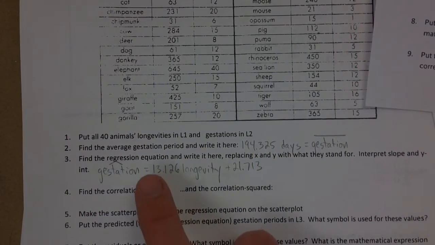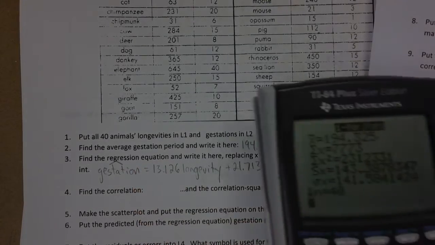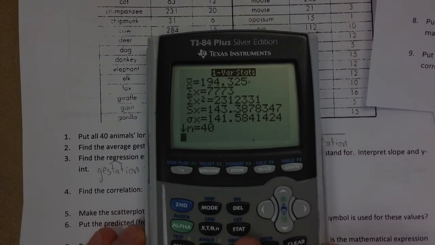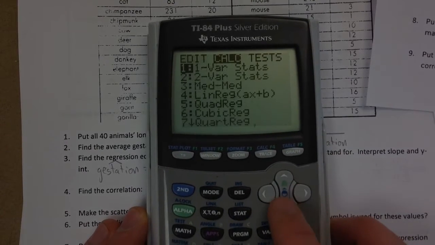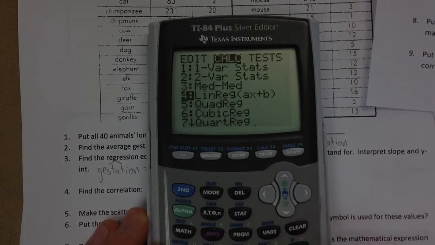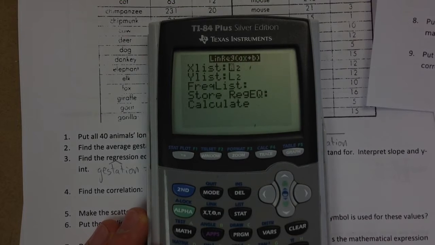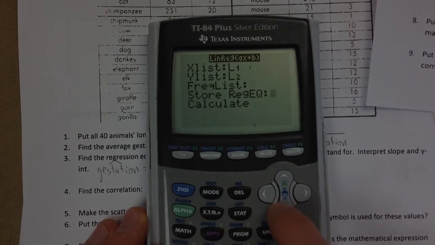The next thing is to find the regression equation, meaning the least squares regression line. This can be done very easily with the calculator. Stat, Calc, 4 or Stat, Calc, 8. I'll choose number 4. My X variable is in L1. My Y variable is in L2. No frequency list.